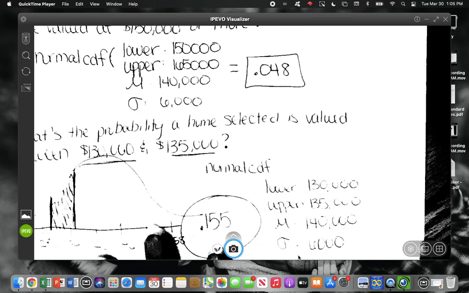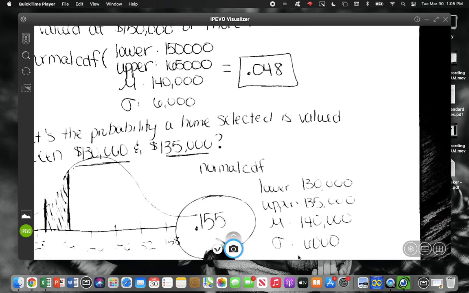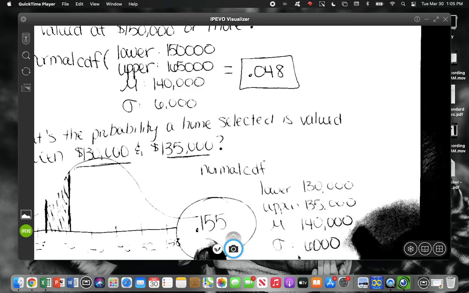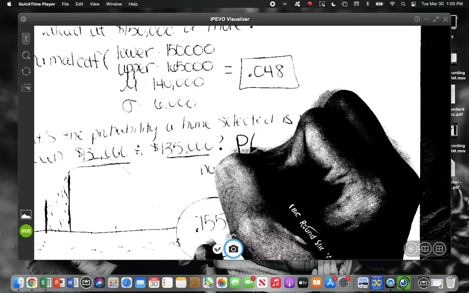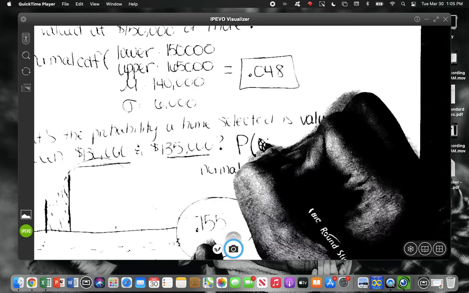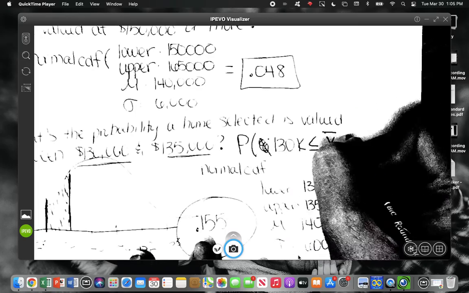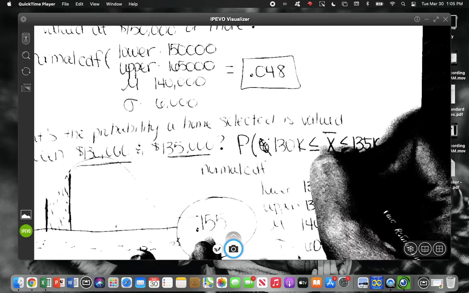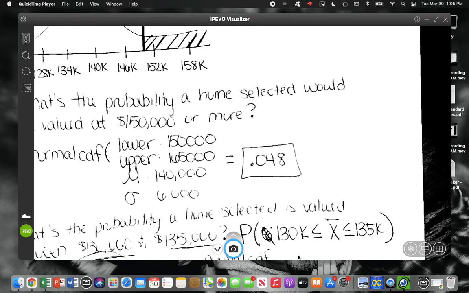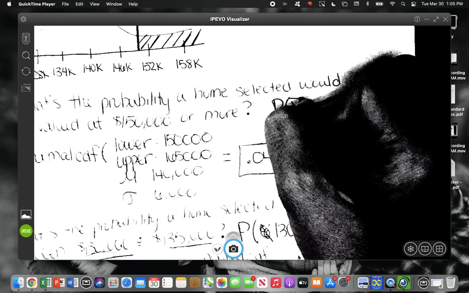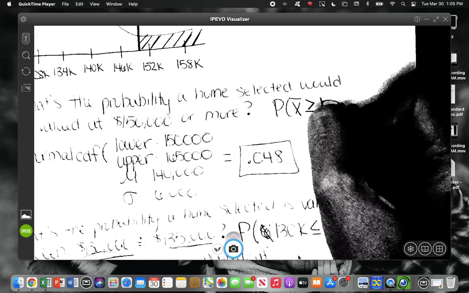Now, if we wanted to do this, technically we should be doing probability notation. So on this last one, we should have actually put the probability that X is in between these two. And on part B, we should have done probability that X is greater than or equal to 150,000.